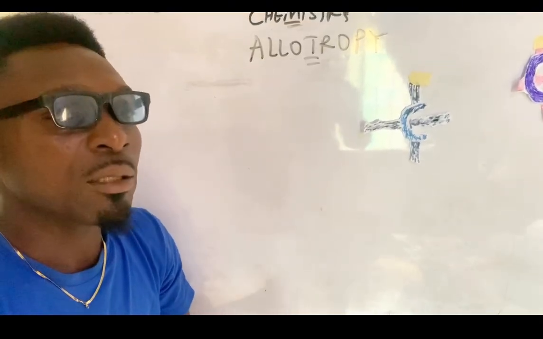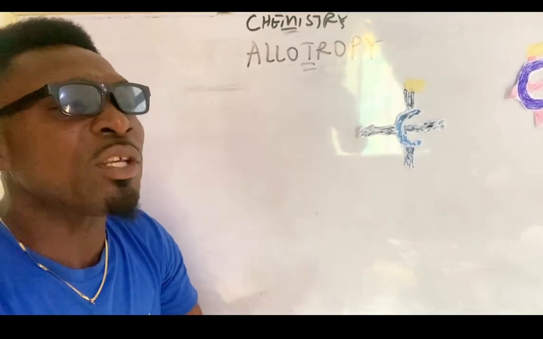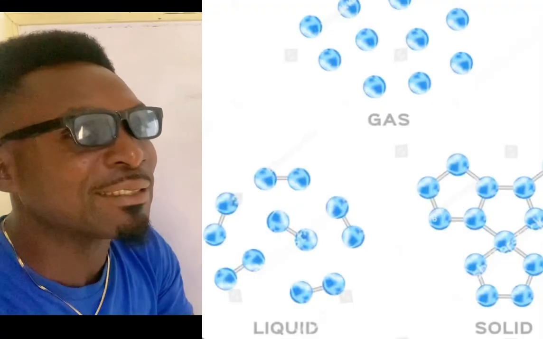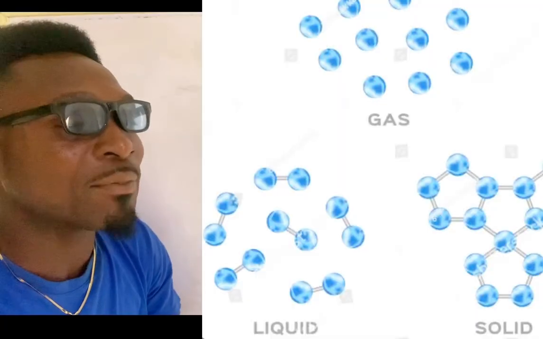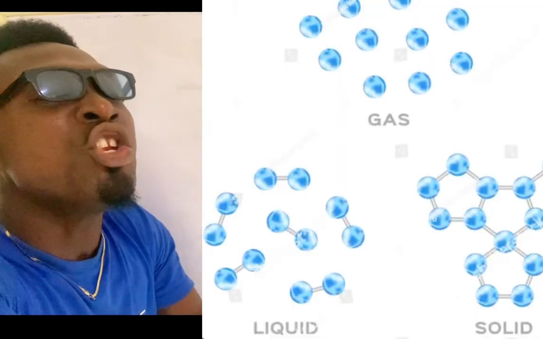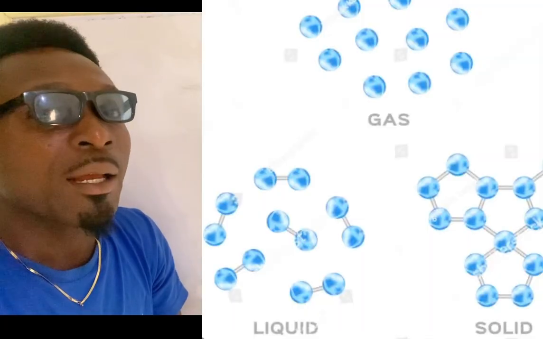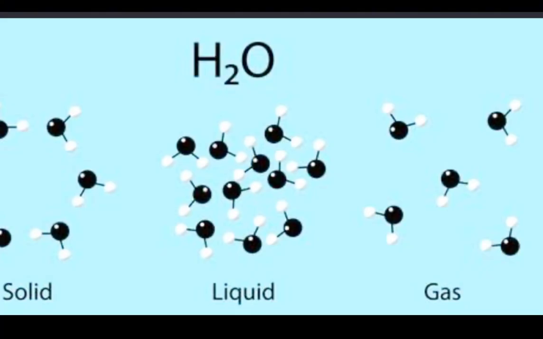Now, with the bond that exists in water molecules, the atoms can arrange themselves in different patterns, giving rise to a new state of that substance. In water in solid state, the molecules tend to be closer to each other.